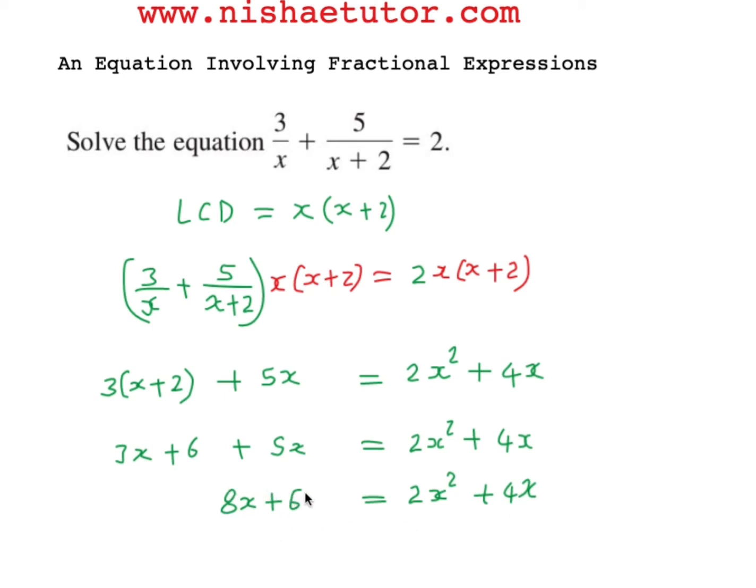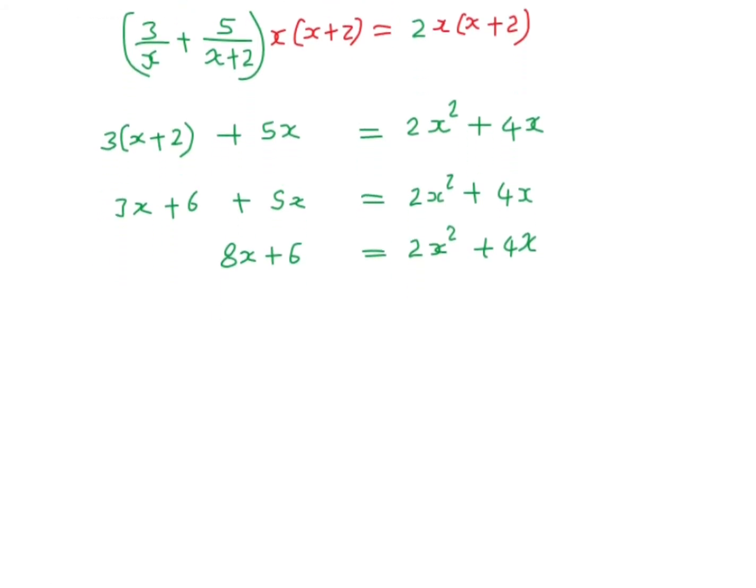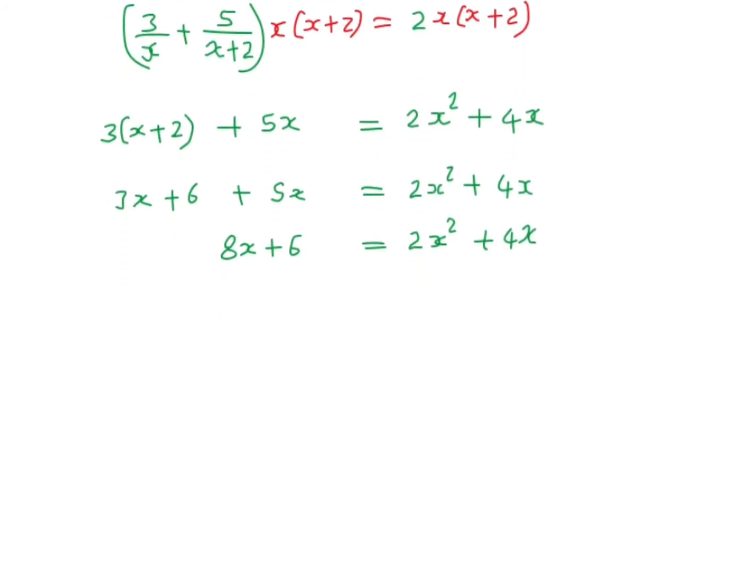So we make one side 0 and transfer everything to the other side. For this we subtract 8x and 6 from both sides. So subtract 8x both sides and subtract 6 both sides.